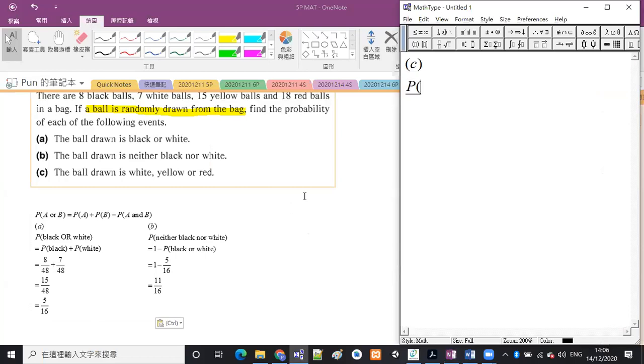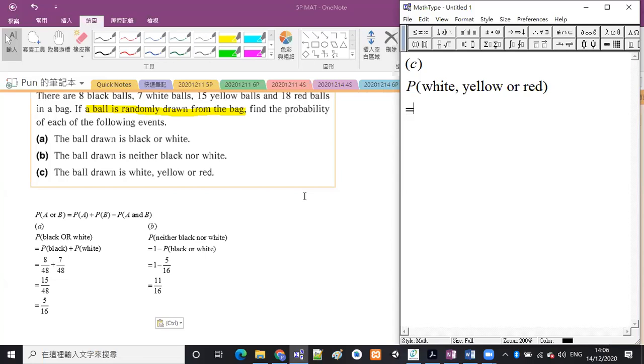I want to find the probability that the ball drawn is white, yellow, or red. Okay, here, do you remember? Actually, is using 1 minus more concise here? Because the number of cases that we want to find are 3 cases.